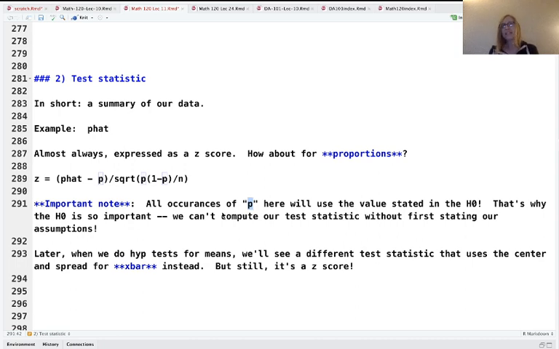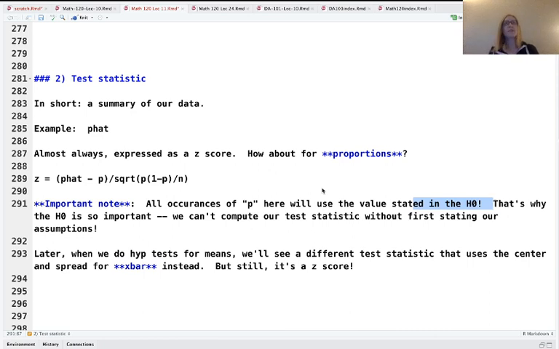Whatever the null hypothesis said, that's going to be the same value here in the test statistic. This first one, p hat, that's the sample result. That's our observed. Everything else here is going to be p. All of these are the things that come from the null hypothesis.